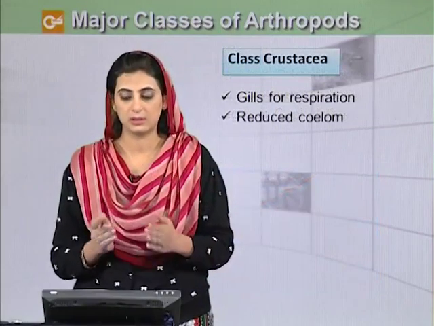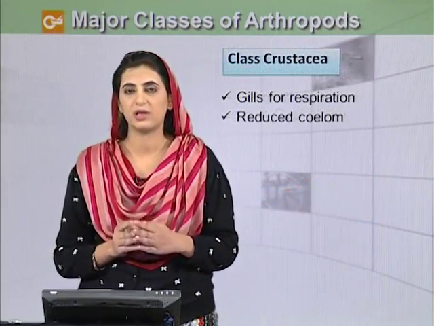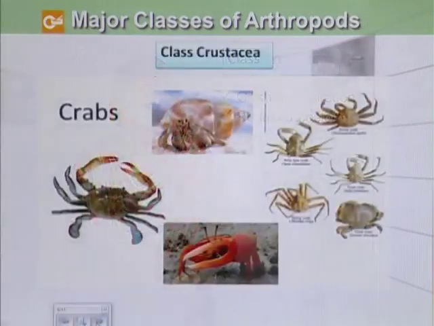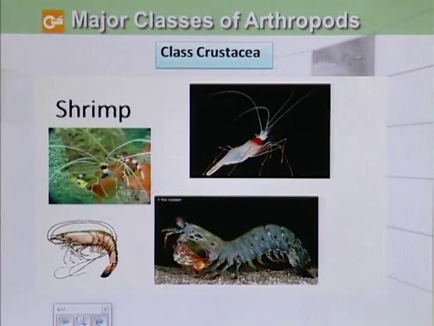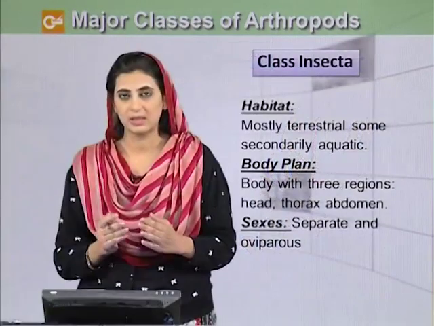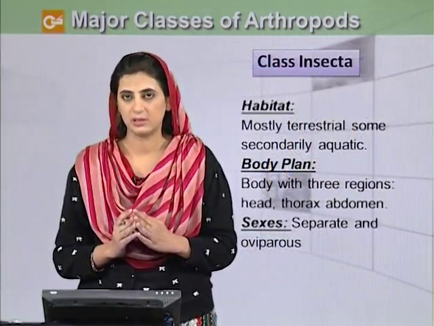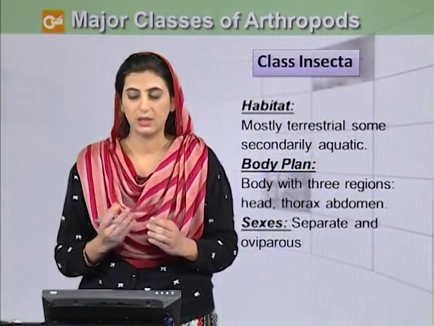And these crustaceans use gills for respiration, and they have a reduced coelom. The examples of class Crustacea are crabs, shrimps, lobsters.